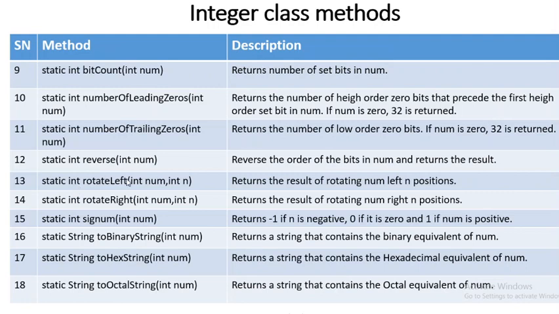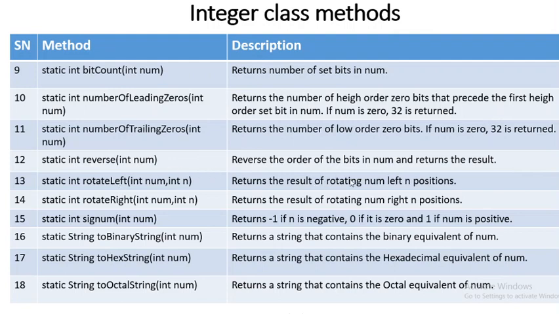Int rotateLeft, with int num comma int n. The number you provide will be converted into binary internally, and by the argument you specify here, that many bits will be rotated to the left.